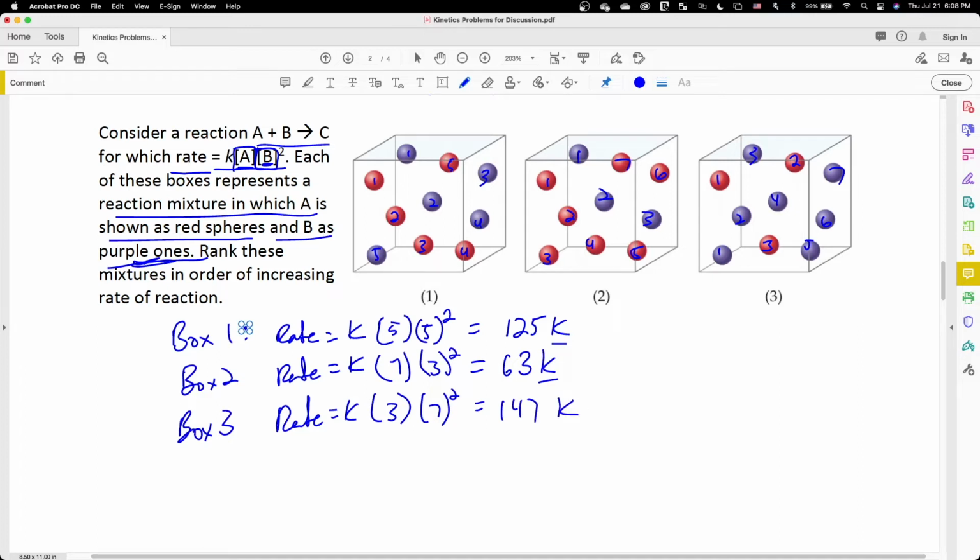Now you can just rank them from fastest to slowest. The biggest number is the fastest, so that's going to be 1 here. The second biggest number is the middle one, so that's 2 there. And the slowest is the lowest number, 3 there. So it's as simple as that.